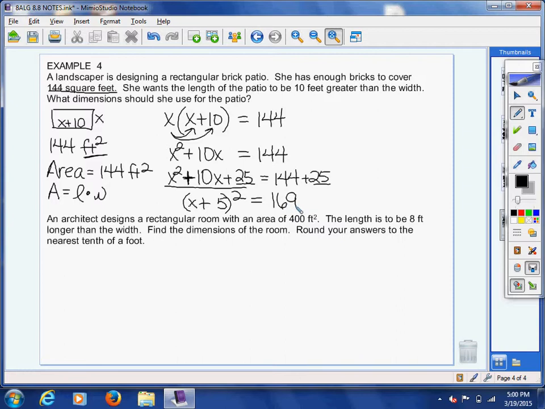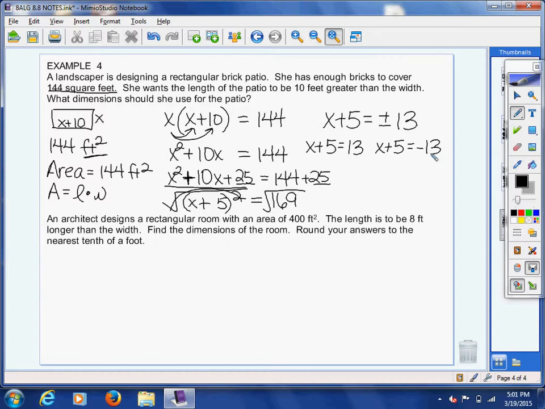Now, I need to solve for x, so I need to get it freed up from that square. To undo a square, take the square root of each side. And you're going to be left with x plus 5 equals positive or negative 13, because the square root of 169 is positive or negative 13. So now we're going to create two equations. x plus 5 is equal to positive 13, or x plus 5 is equal to negative 13.